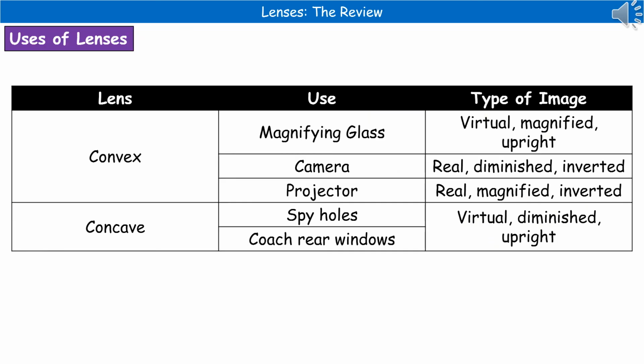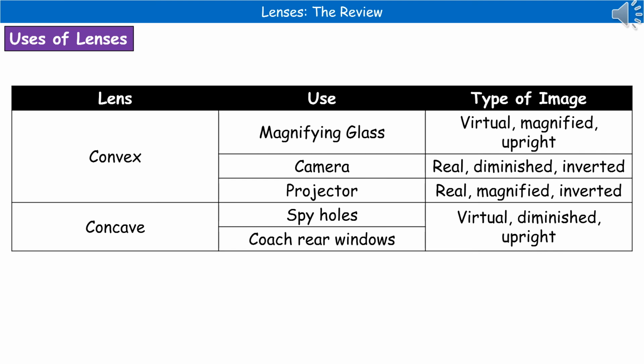The last thing we need to consider is some of these other uses of lenses. We've looked at obviously correcting eyesight, but we use the convex and concave lenses for other uses as well. So you need to know the use and also the type of image it generates. So if we consider our convex lenses first of all, then we can use them in a magnifying glass as we mentioned at the start.